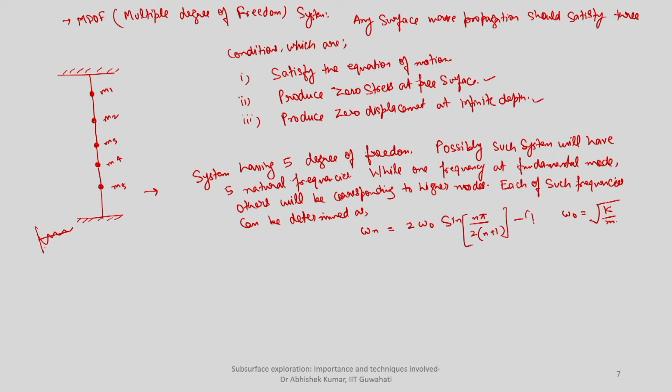You can call this equation number 1. In the same way, the maximum possible frequency omega n can be equal to twice omega naught.